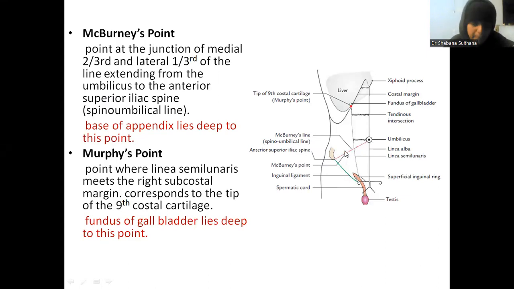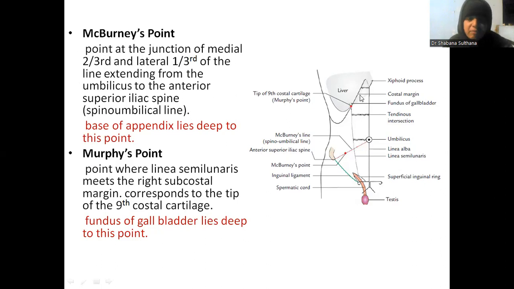That pain is due to appendicitis. The base of the appendix usually lies at this point, hence we call it McBurney's point. We usually palpate to check if there is any appendicitis.